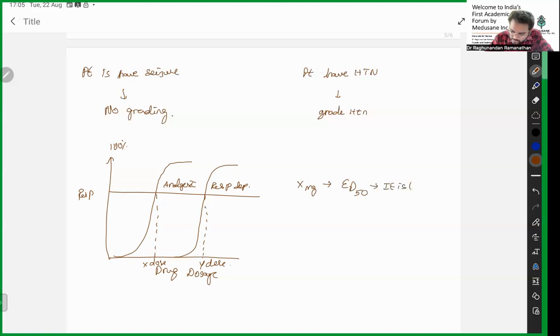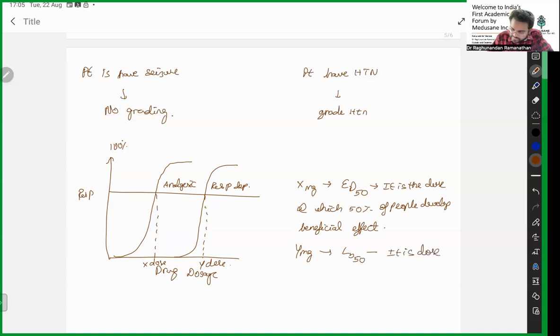It is the dose at which 50% of people are going to develop the beneficial effect. And what is Y mg? Y mg means LD50. What is LD50? It is the dose at which 50% of people die.